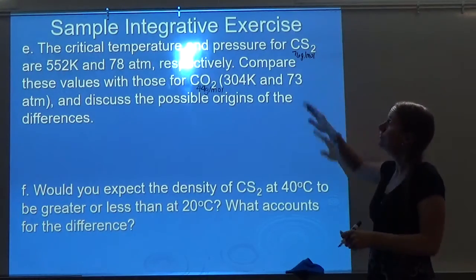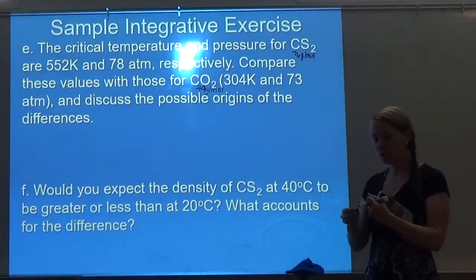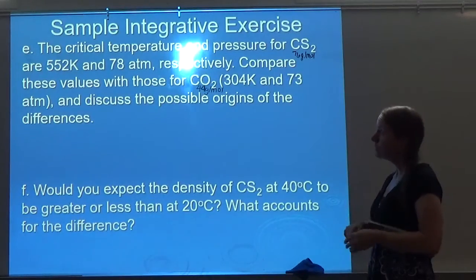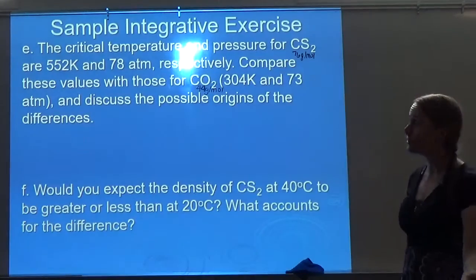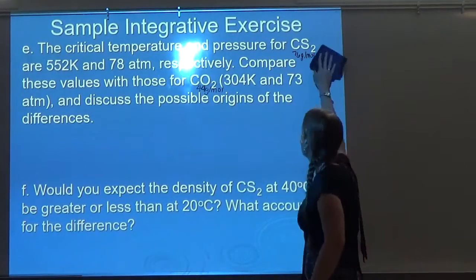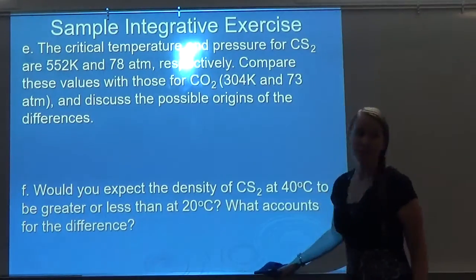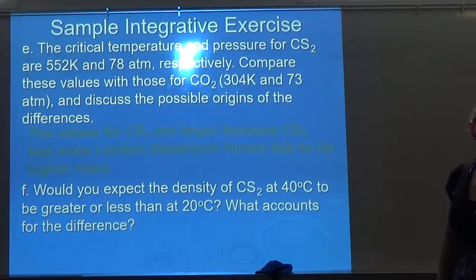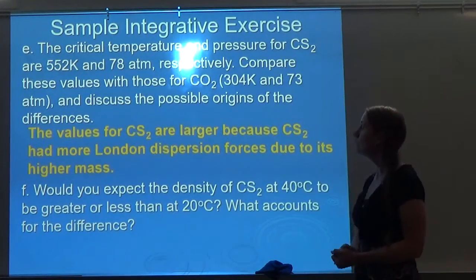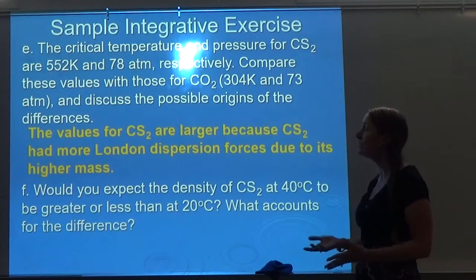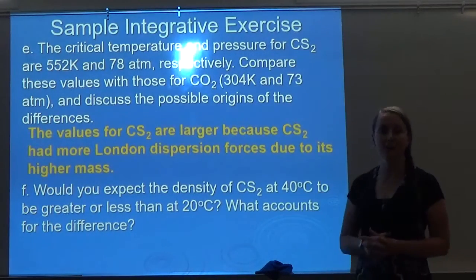So CS2 has the higher critical temperature and pressure due to the fact that it has more London dispersion forces since it has a higher molar mass. So here, I'll click that so that you can copy that down if you want to. So the values for CS2 are larger because CS2 has more London dispersion forces due to its higher mass.